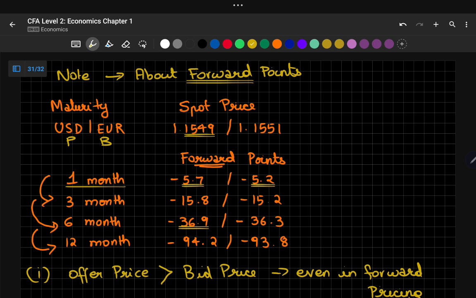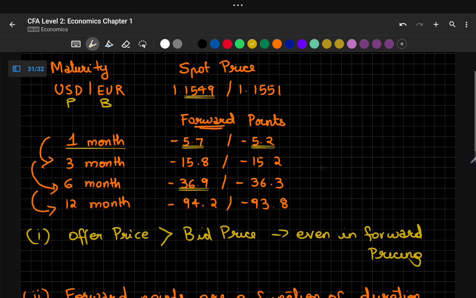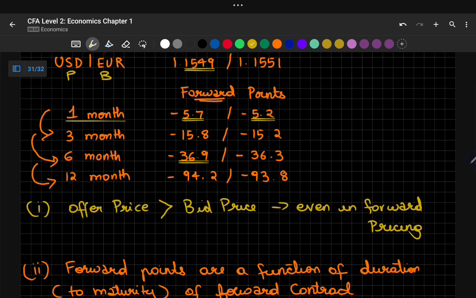So I can directly apply these points for the 1 month duration. No need to adjust it since it is not annualized. If I'm calculating a 1 month forward, I can directly use this forward point to get the forward exchange rate.